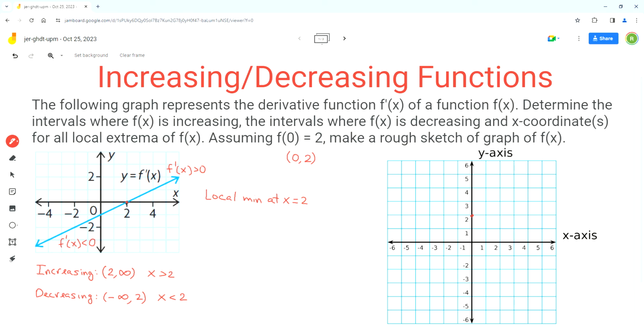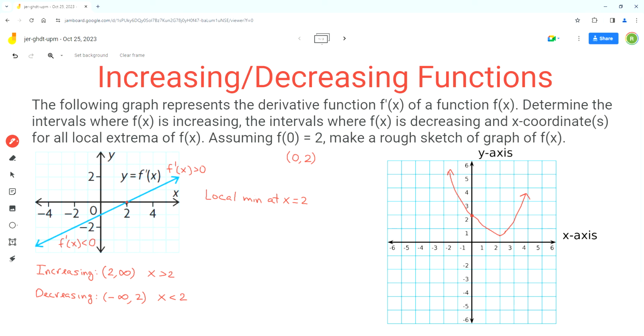So our point should be below this y-intercept. We can show the point here as the point where the local minimum is, and on the left side we can extend the graph like this, passing through the y-intercept. And on the right side we can show the graph going up like this.